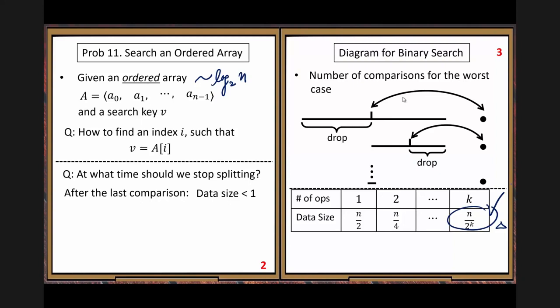So we need the other side of the inequality: n over 2 to the k is strictly less than 1, but 1 is less than or equal to n over 2 to the k minus 1, because that's the data size after the previous split.